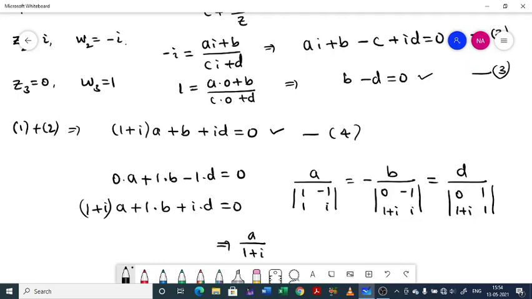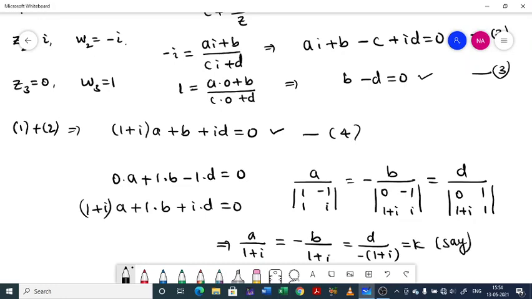So we can write it as 1 plus i equal to minus b divided by minus of 1 plus i equal to d divided by 0 minus of 1 plus i, equal to k, say.